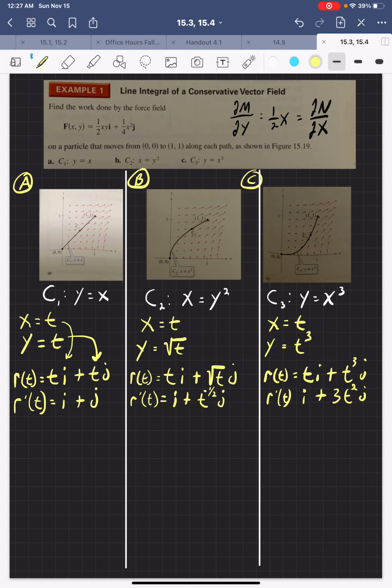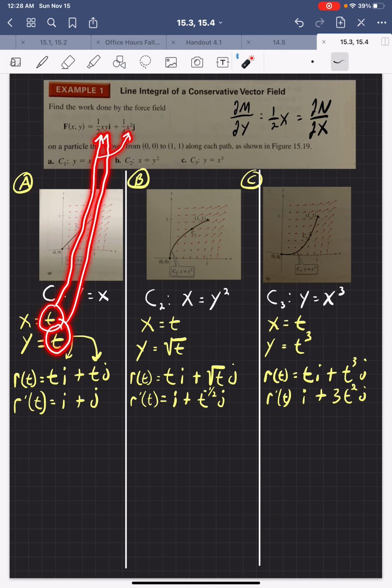Okay. Now, at this stage, what we need to do is move back to our vector field. We're going to have to represent our vector field in terms of parameter t as well. Let's start with just a. If x is t, I will be plugging in t here, and y is t, so I will be plugging in t here.